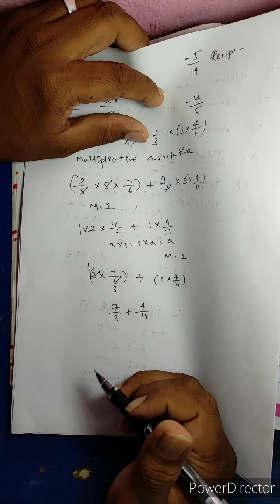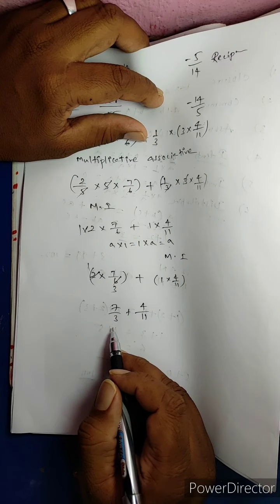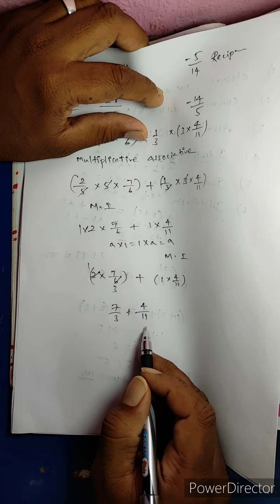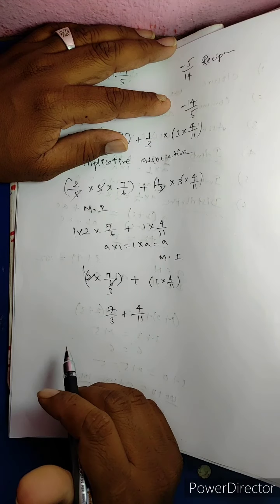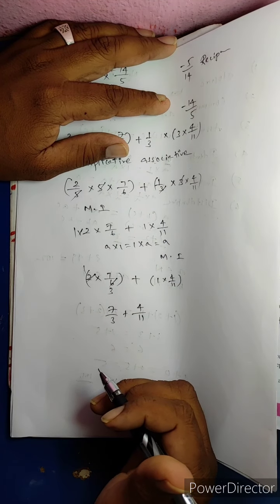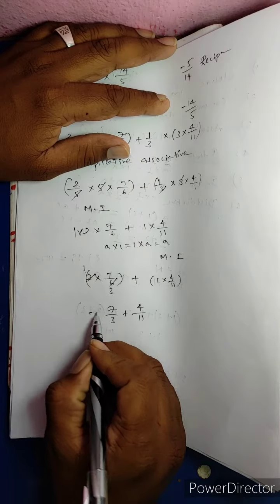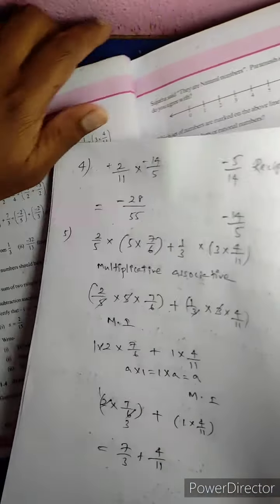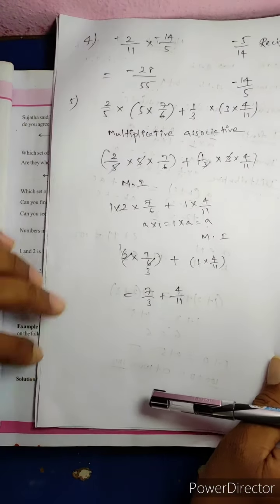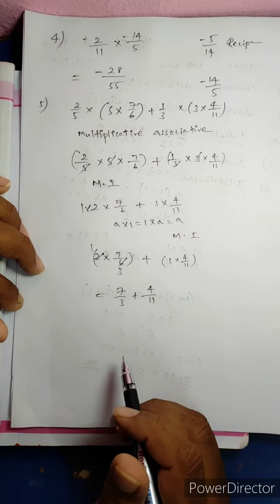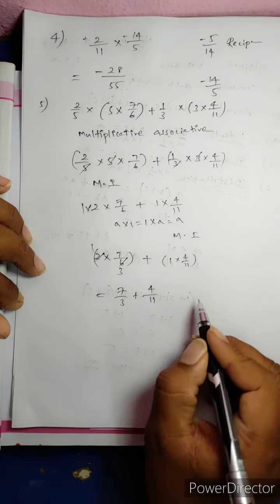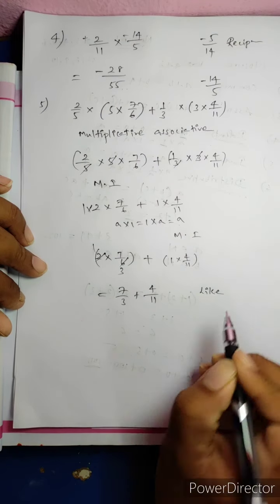Now which property? A belongs to rational numbers, B belongs to rational numbers, then A plus B also belongs to rational numbers. Which property? Closure property under addition. How do we add two fractions? First check whether they are like fractions or not.